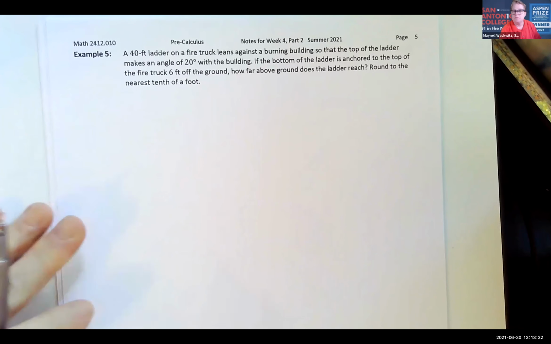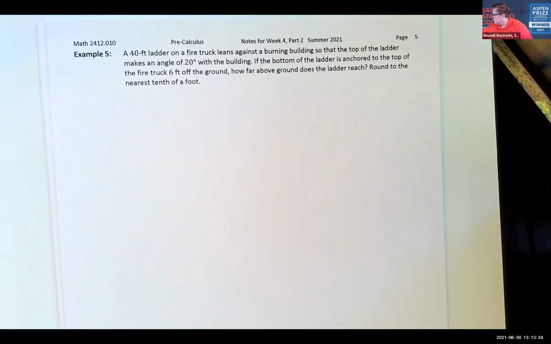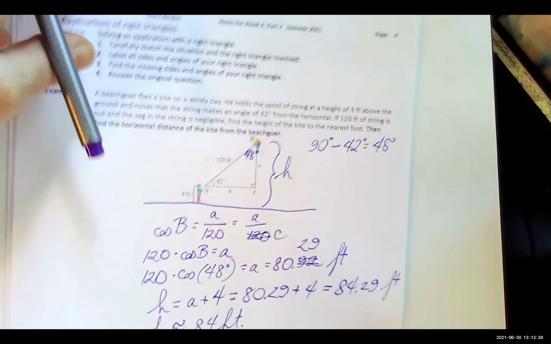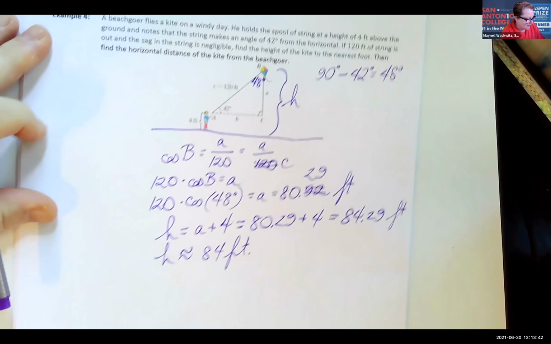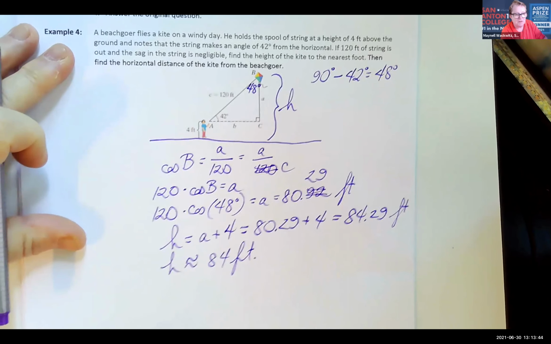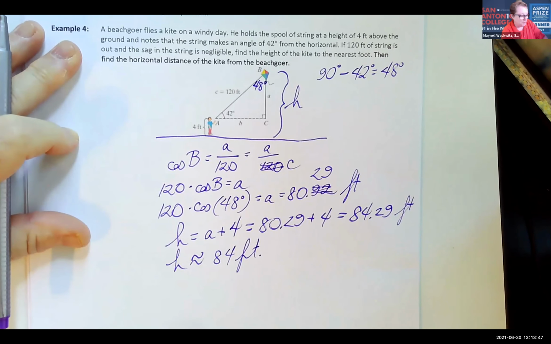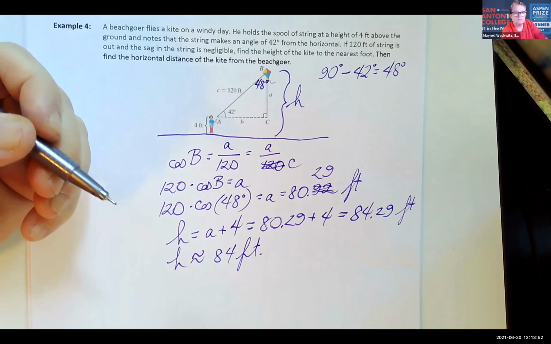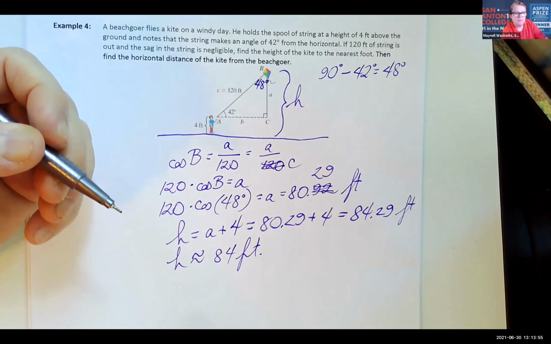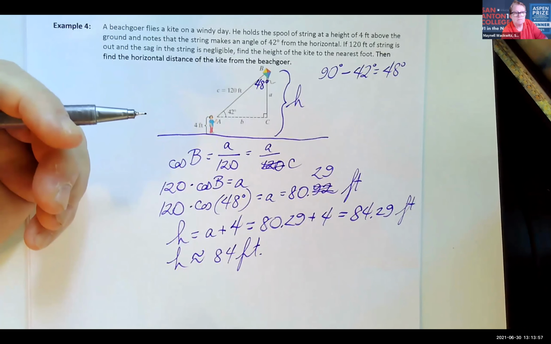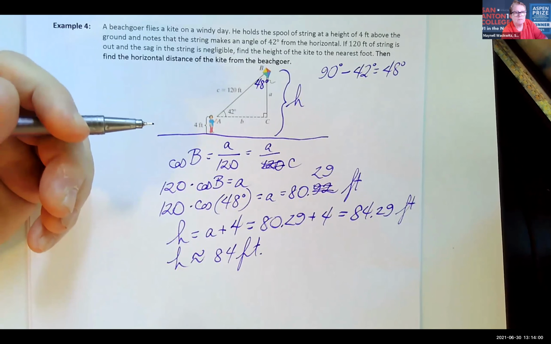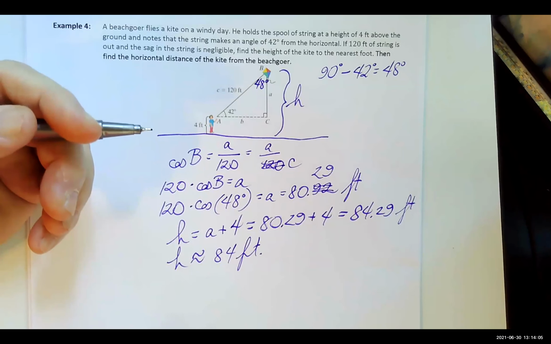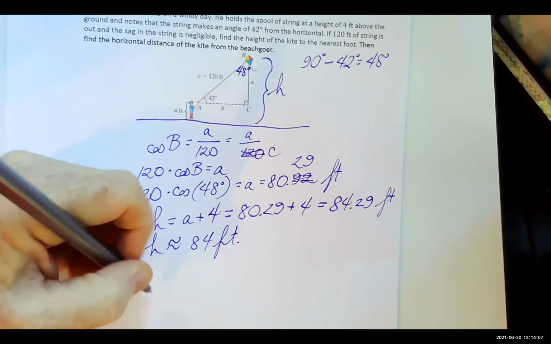What about the other question? Did I forget? It says find the horizontal distance of the kite from the beachgoer. Thank you so much. So we didn't find little b. I'm just out of it. How do you want to find little b? We can do Pythagorean theorem since we have side B and A now.